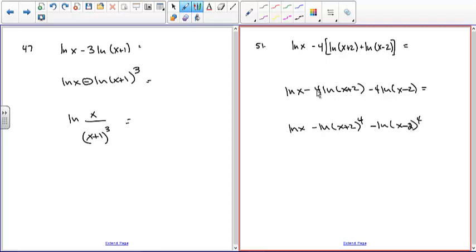So that's where the thing goes in front. And now we can combine them together. These two will be in the denominator and this will be in the numerator. So you get the natural log of x divided by x plus 2 to the 4th times x minus 2 to the 4th.